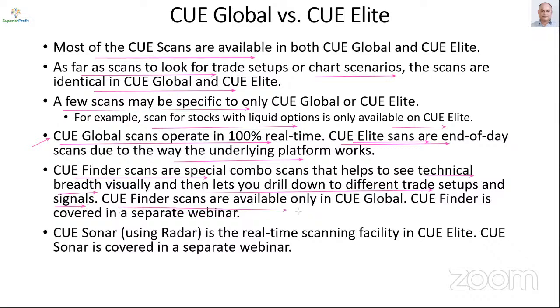Q Finder scans are available only in Q Global. Q Finder is covered in a separate webinar. Q Sonar using radar in TradeStation is the real-time scanning facility in Q Elite. Q Sonar is covered in separate webinar as well.